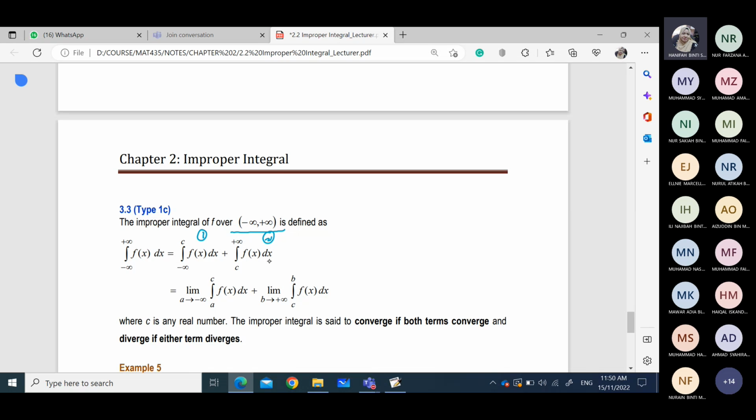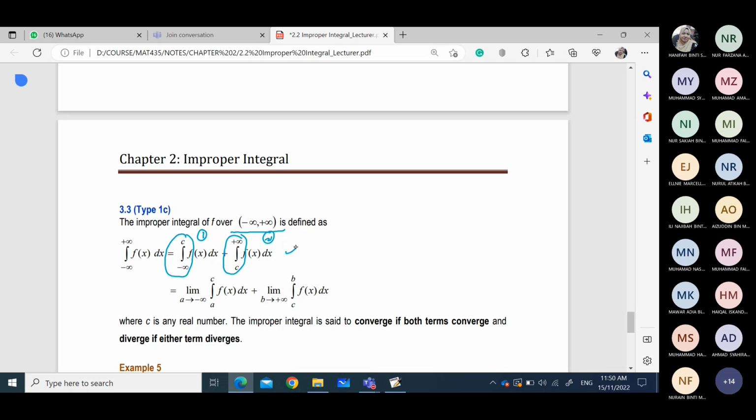Tak ada masalah. Alright. So next, from negative infinity to infinity, we split into 2 parts. Then here we have the integral of f of x dx, where x is from negative infinity to c, plus the integral of f of x from c to positive infinity.